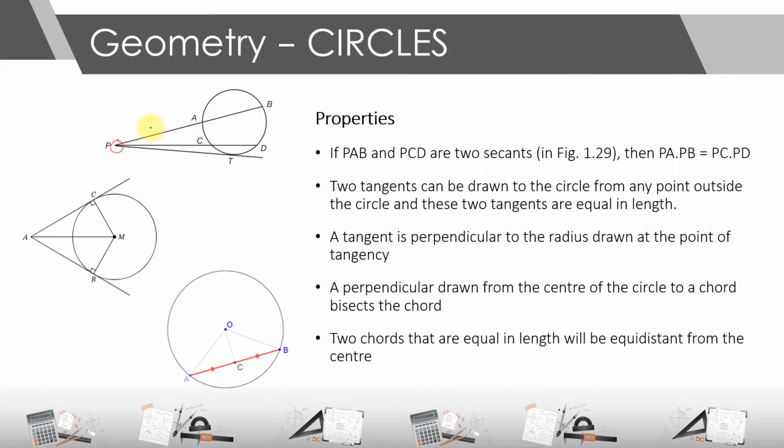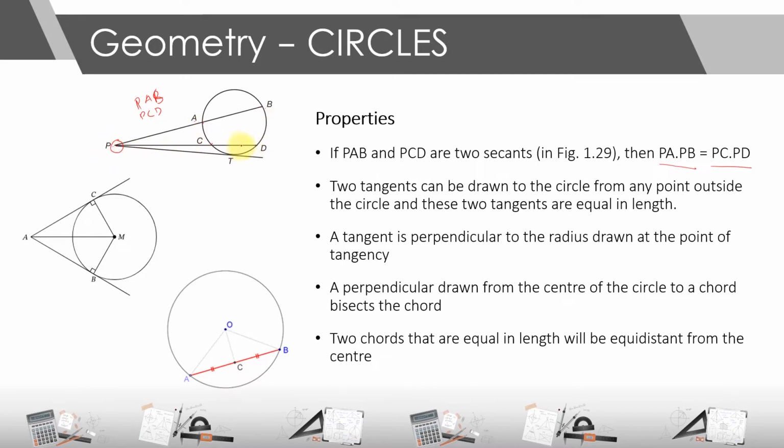So this first secant is going from P to A to B. So it is intersecting the circle at A and B. The second secant is intersecting the circle at C and D. Now in this situation there is a particular property fulfilled, which is PA into PB is equal to PC into PD. So the multiplication of length of PA and PB and multiplication of length of PC and PD, this is going to be same.